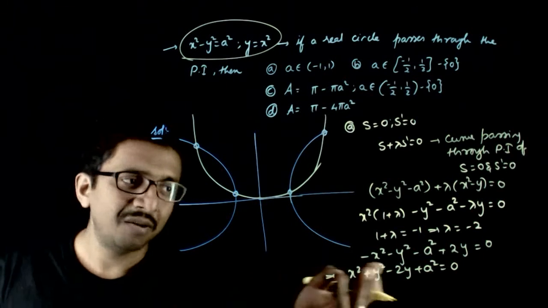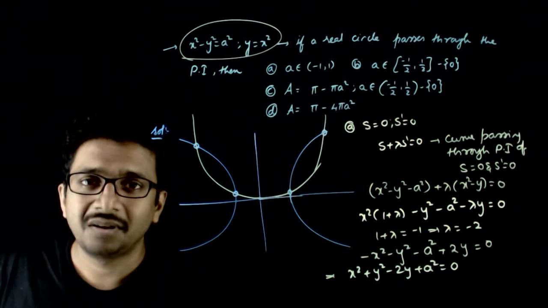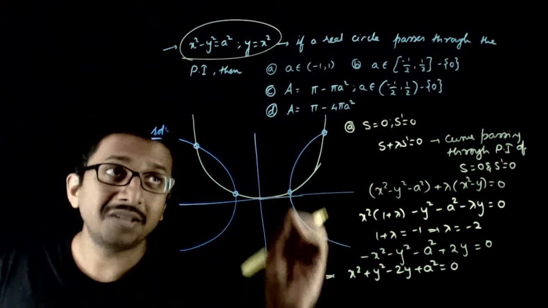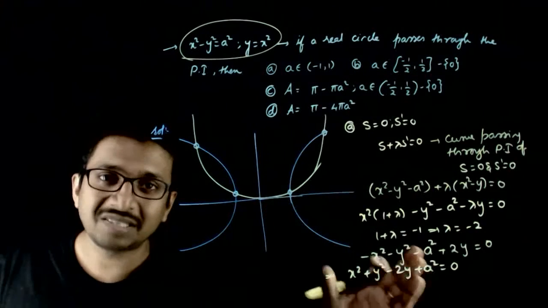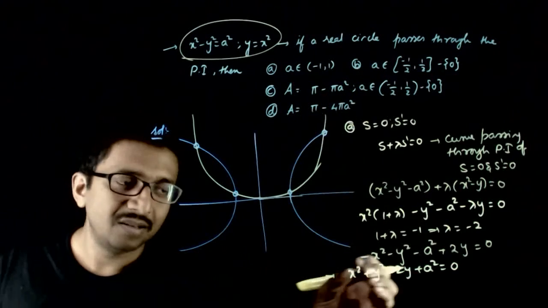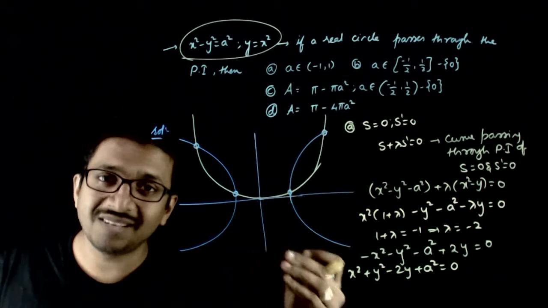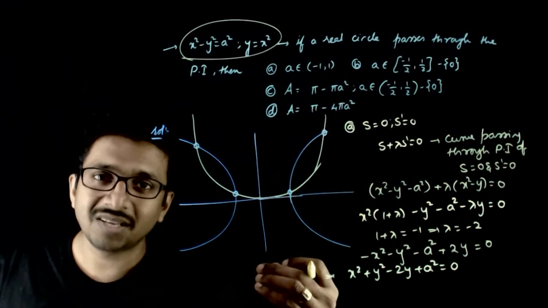Now you may feel that you're always getting a circle, so what's the meaning of this question? The logic is that in this question you want a real circle. For every value of a², this will not be a real circle. So what's the concept of real circle, point circle and imaginary circle?